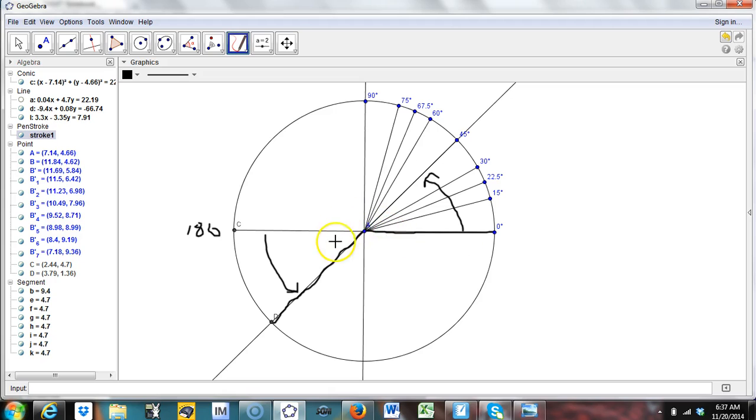So to think about this angle right here, we went up 45 degrees and then we added 180 degrees. So this angle must be 225 degrees. 180 plus 45. Here's 180, and this is a 45-degree angle, just like this is. They're just rotations of each other. So that's how we're going to find all these angle values.